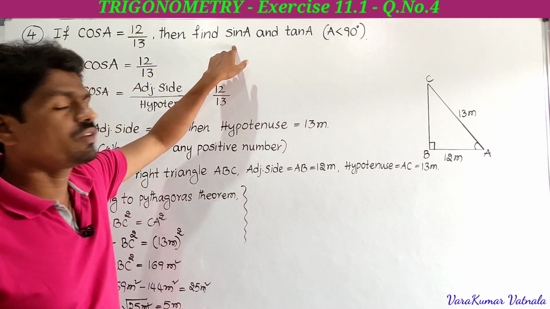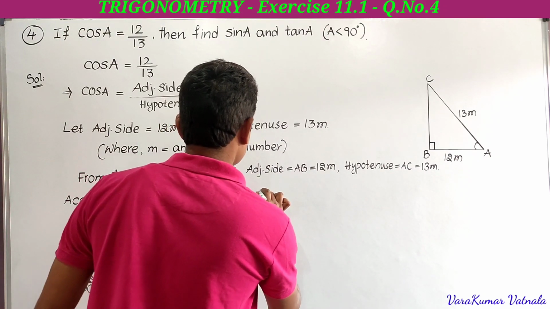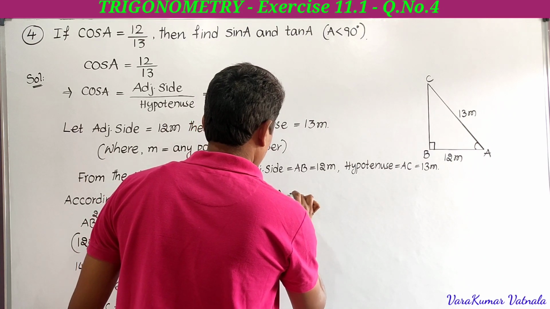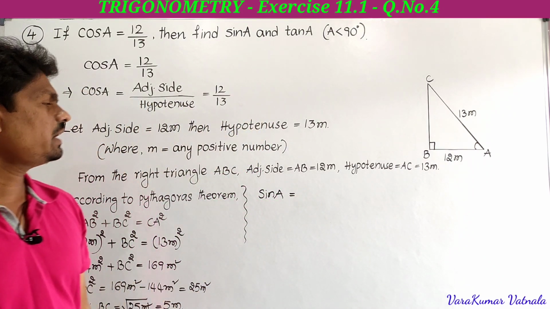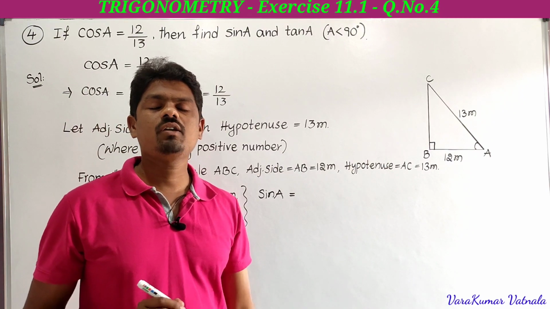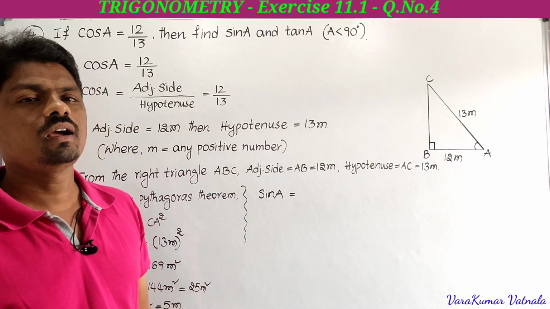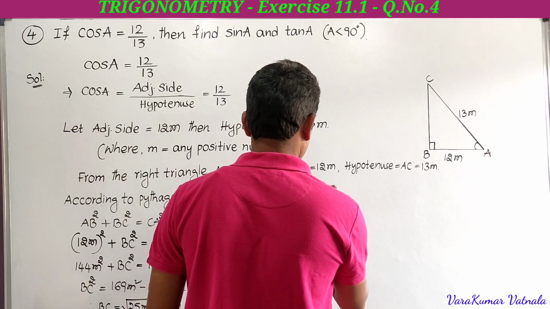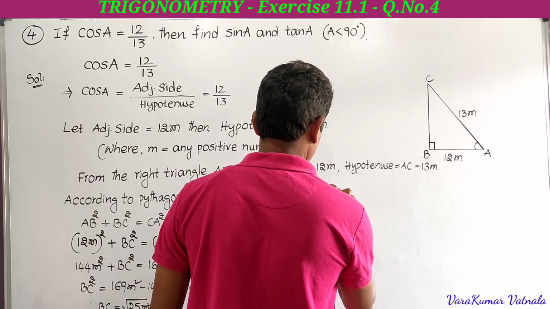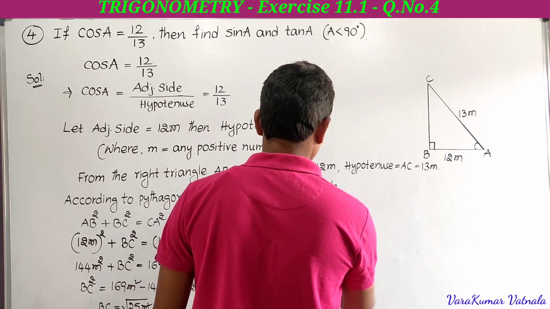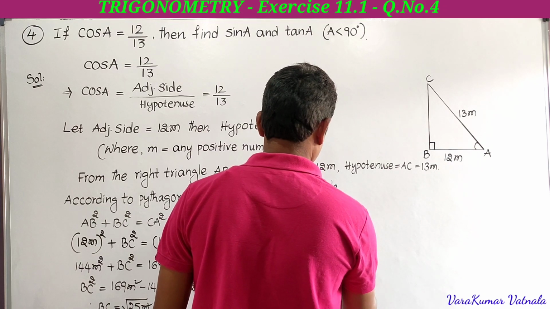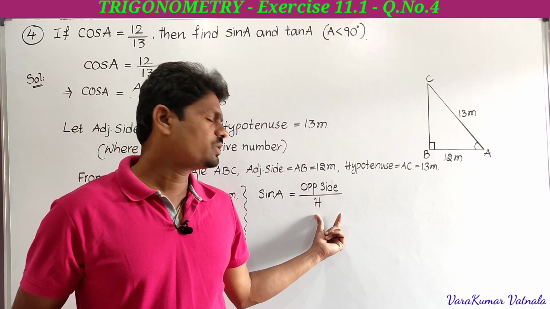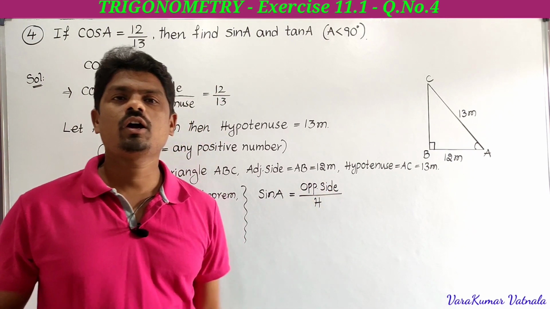Now we have to find sin A. Sin A is equal to opposite side by hypotenuse. So sin A is equal to opposite side to angle A divided by hypotenuse.